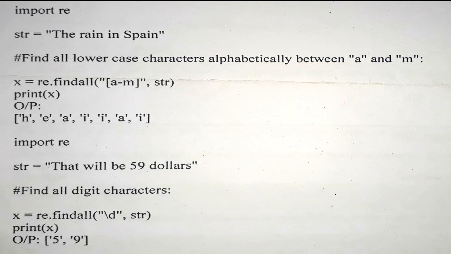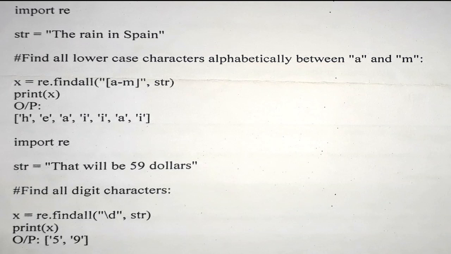Like that, the next character is E, so E again comes between a to m, so E will be displayed. Then we have a space, so that is not considered. Then we have R, so R is not between a to m, after m comes R, so it will not display. So like that, all the characters which are between a to m will get printed in the form of a list because of the findall function.